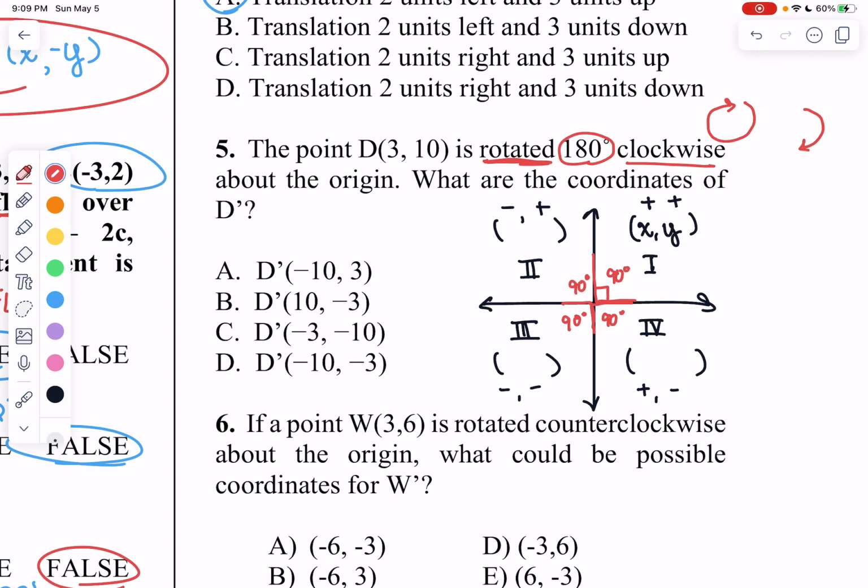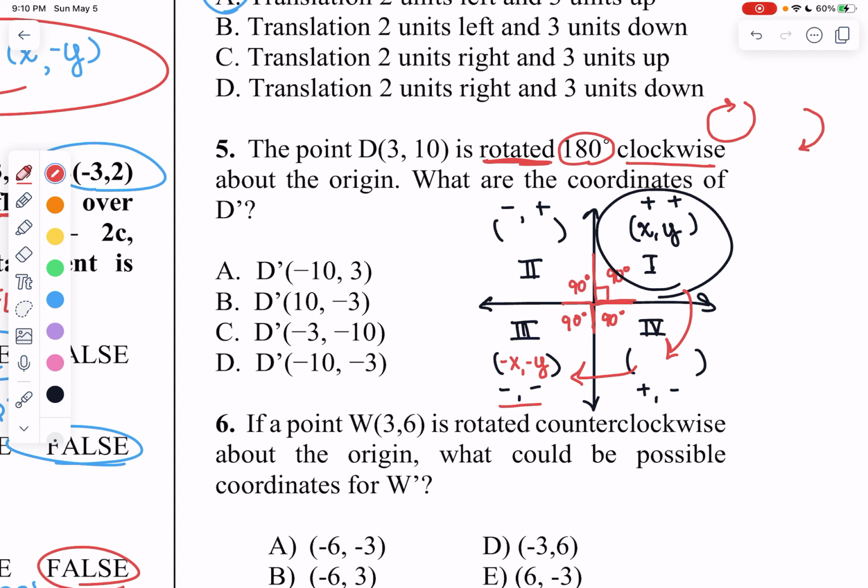So if I start in my first quadrant and rotate 180 degrees clockwise, I'll be rotating to the right 2 quadrants. And I will end up here where I have negative, negative. The rotation rule for 180 degrees, clockwise or counterclockwise, by the way, because that's also getting us to the third quadrant, is going to be negative x, negative y.